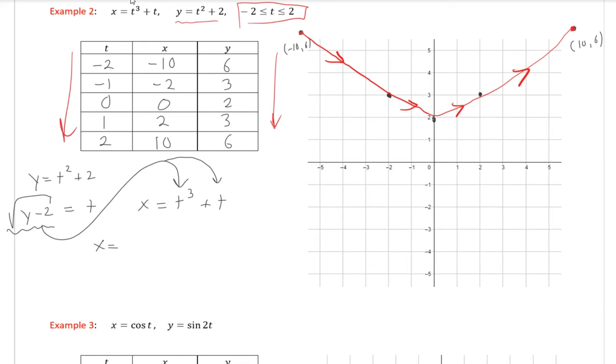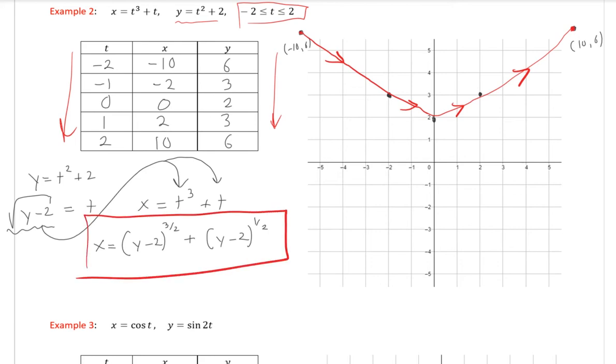That is going to give me x equals (y minus 2) to the 3/2, that's the square root to the third power, plus (y minus 2) to the 1/2 just to keep consistency between these. And that would be my equation of this graph. Note that it's difficult to get y by itself even when looking at this formula.